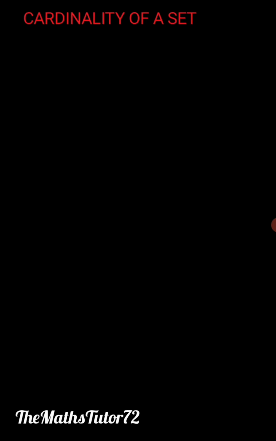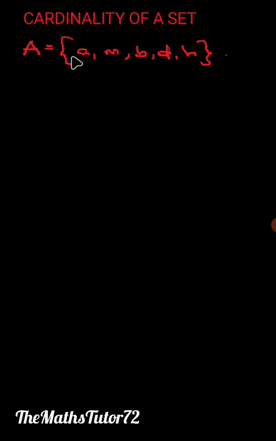Then let's talk of the cardinality of a set. Let's consider a set A. This set A, let's say, is equal to A, M, B, D, and H. Inside this set, there are 5 elements. So the number of elements in a set is called its cardinality.